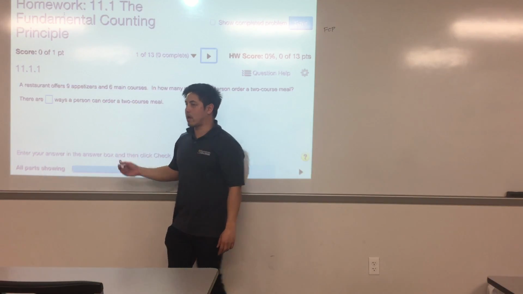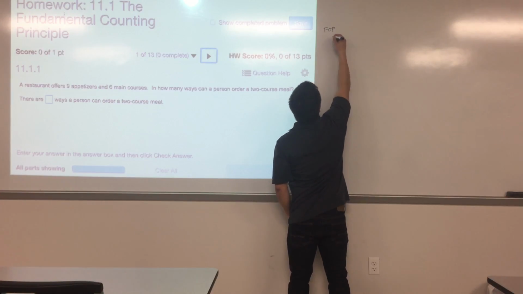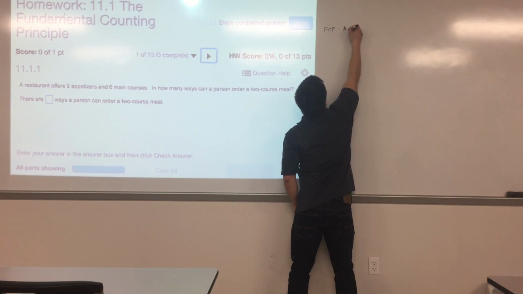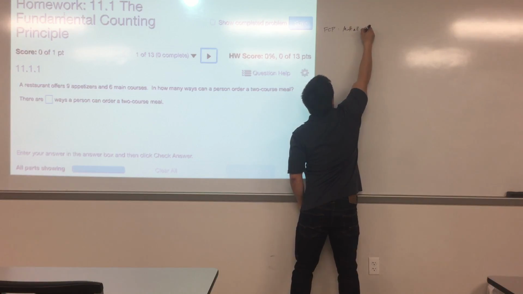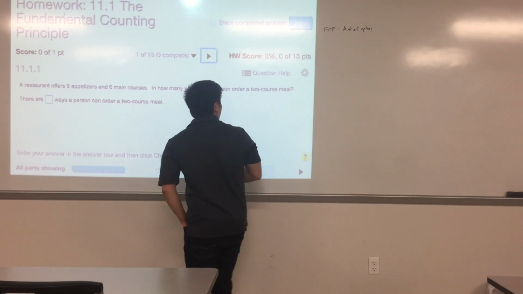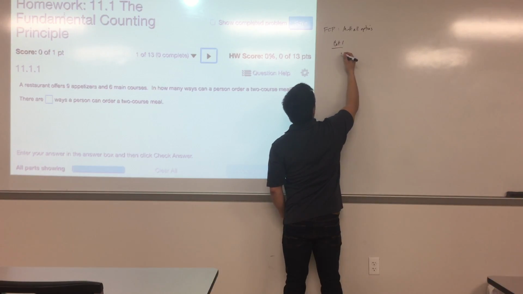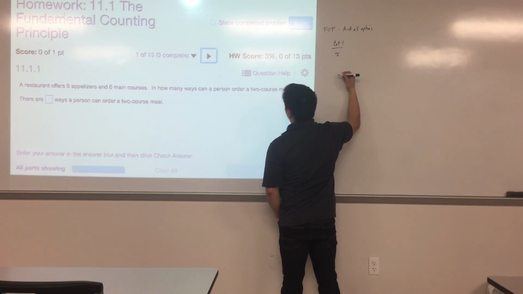Does that make sense? In order to figure out how many, it's very simple, you multiply all your options. In other words, we have 2 categories here. Category 1 in this problem, we look at how many options we have there.